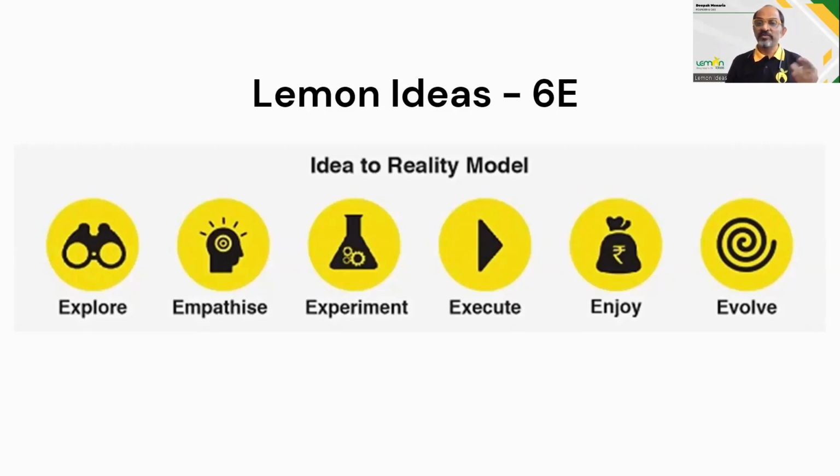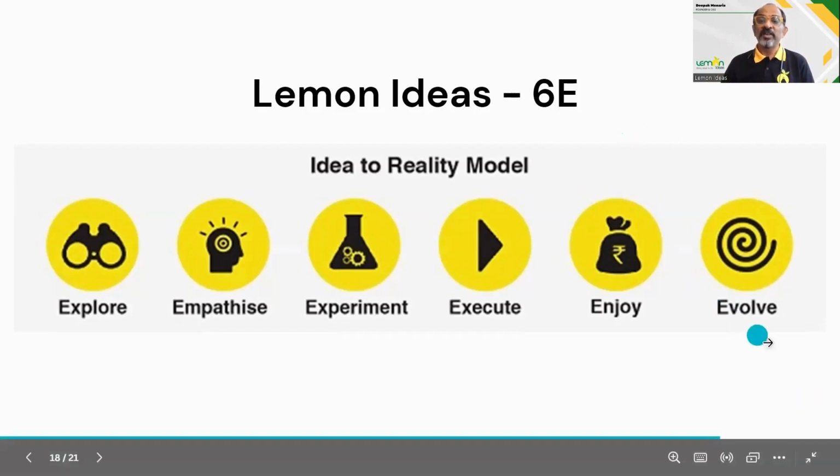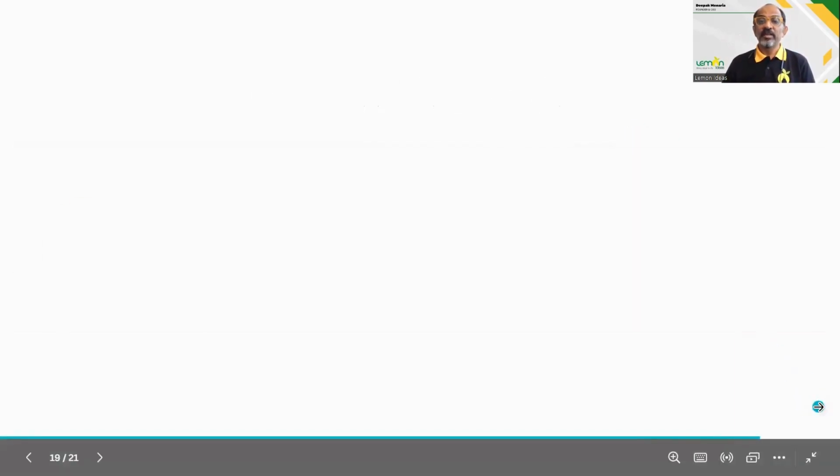If you find it going good, you get a good enjoyment as an entrepreneur, and then the solution keeps evolving through innovation. So this is a typical idea to reality model, which is typically used for entrepreneurs or anyone who wants to work on an idea and start their venture, but it's something which was very close to design thinking.